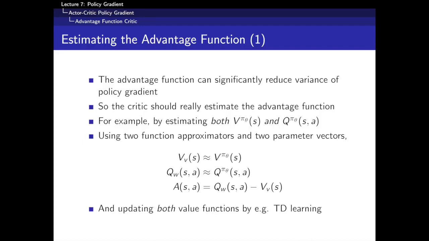And we would just take the difference between those things as our estimate of the advantage function. This becomes more complex in the sense we have more parameters, but it gives us a literal estimate of the advantage function, which we would then plug back in here. So we can plug into this policy gradient theorem the difference between our action value function and our state value function.